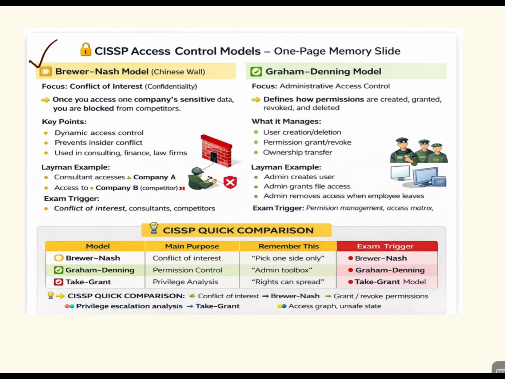This is about ethics and confidentiality, not admin work. So once you access one company's sensitive data, you are blocked from competitors. Dynamic access control prevents insider conflict and is used in consulting, finance, and law firms.